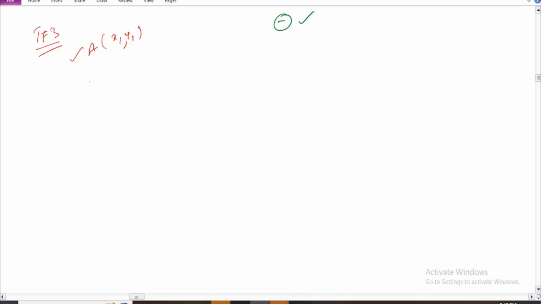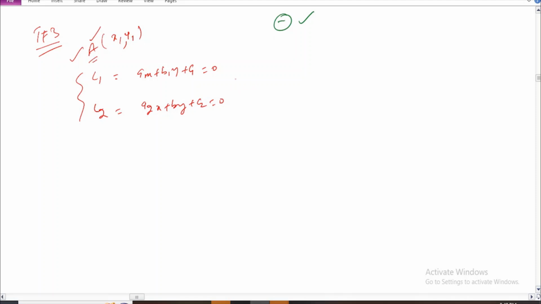Suppose L1 is A1x + B1y + C1 = 0, and L2 is A2x + B2y + C2 = 0. These are the two lines, right? The question is the equation of the angle bisector containing a specific point which is given.